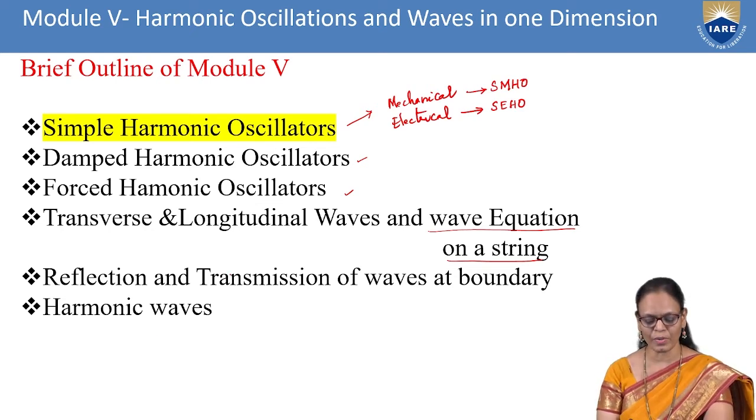And also we are going to discuss the reflection and transmission of waves at boundaries. So whenever the waves are traveling in one direction, how they transmit, and when they reflect, how the wave changes. That is what we are going to discuss here in reflection and transmission of waves. And then finally we are going to discuss harmonic waves.